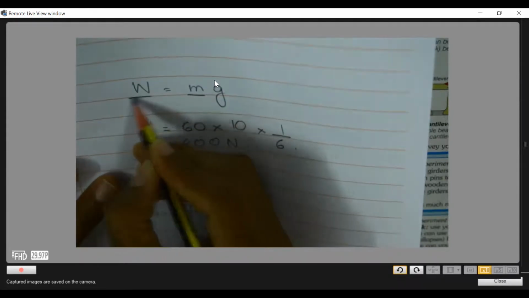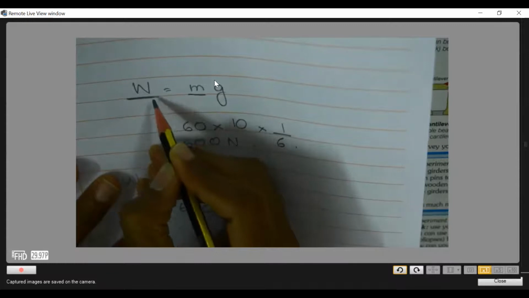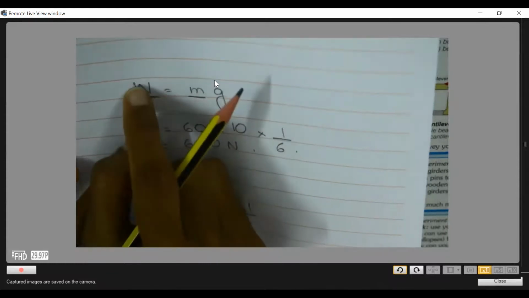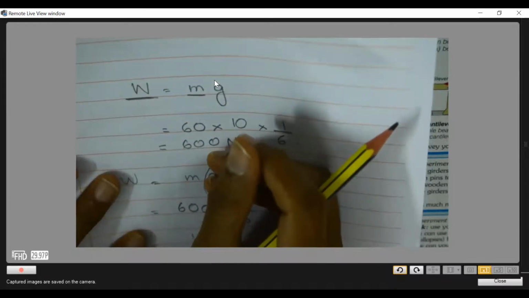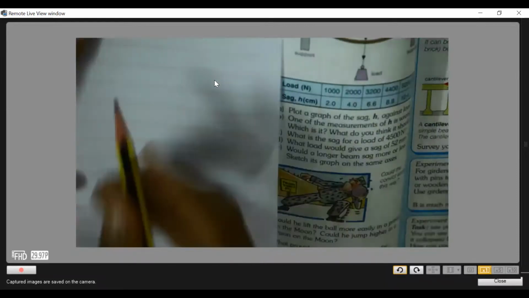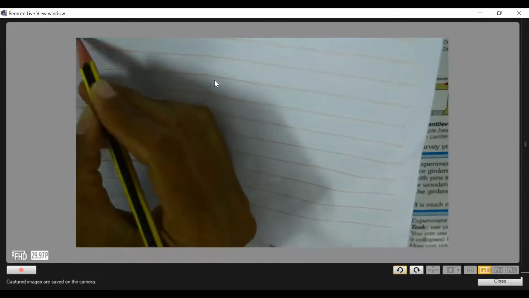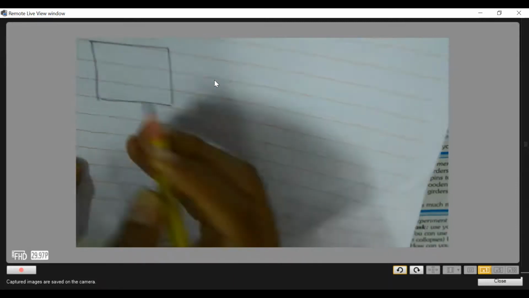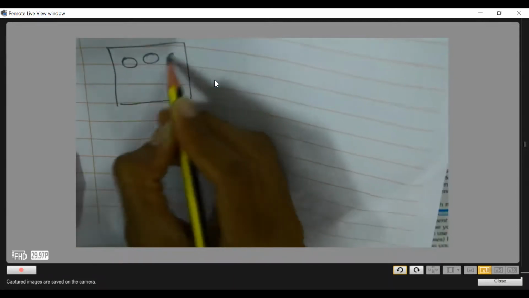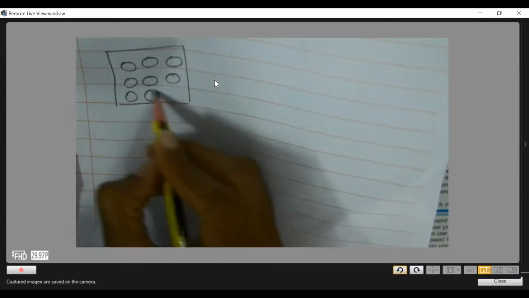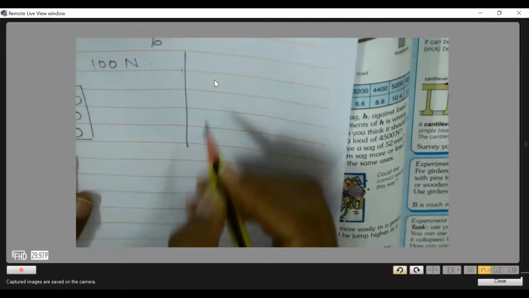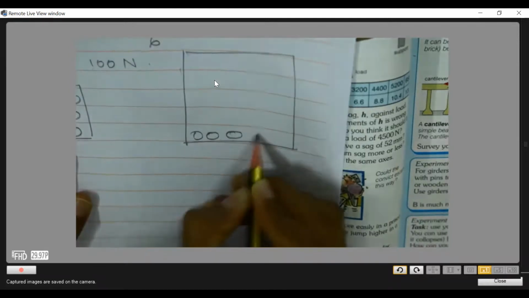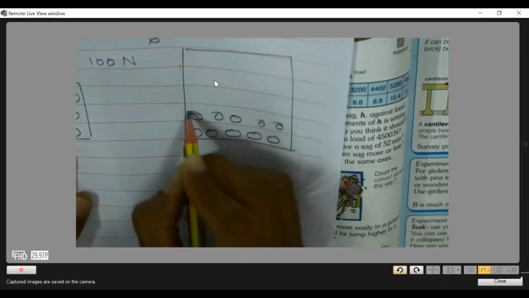See, weight is a pull. Weight is a pull. Mass is the amount of matter. Let me give you an example if you're getting confused. This is an object, and let's suppose these are atoms making it. This is another object and it has lots and lots of atoms.